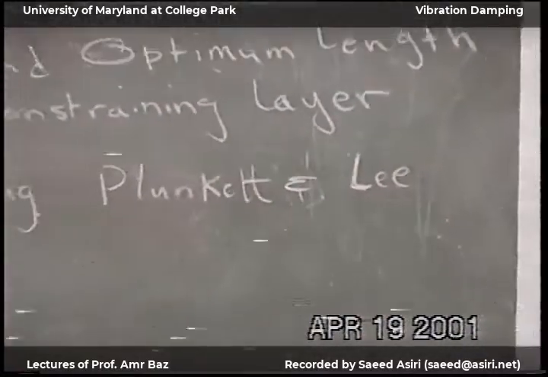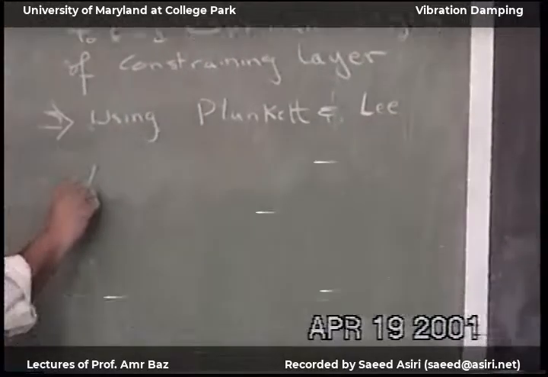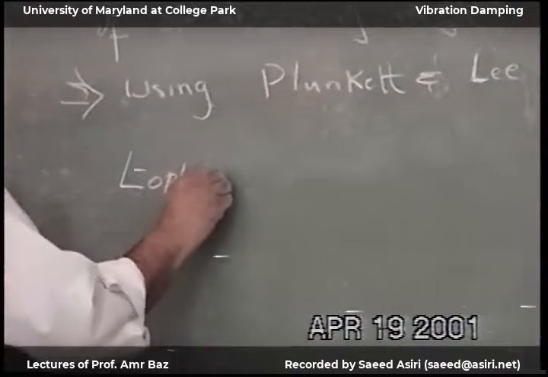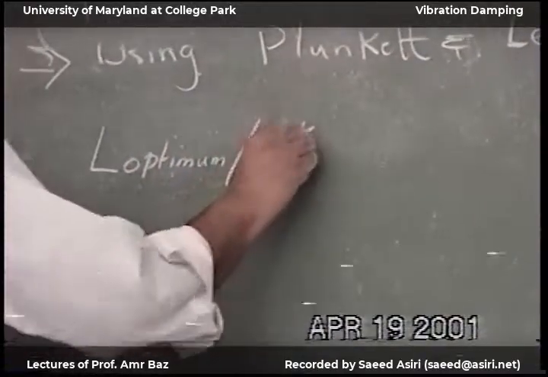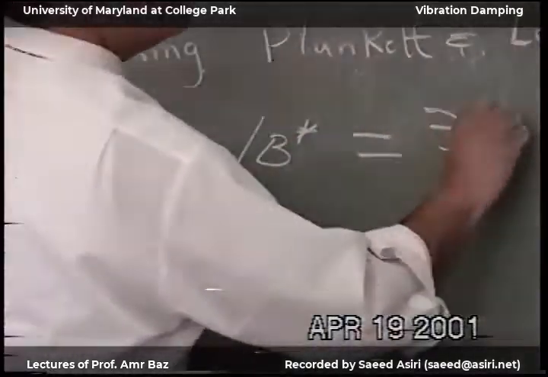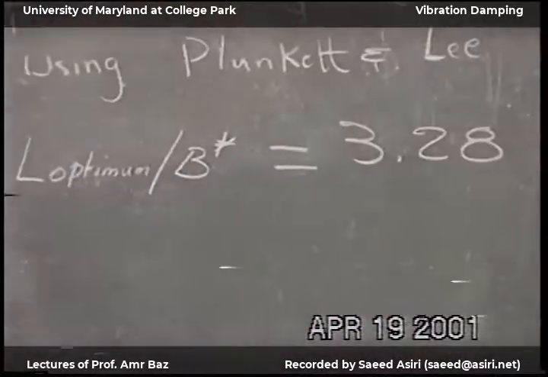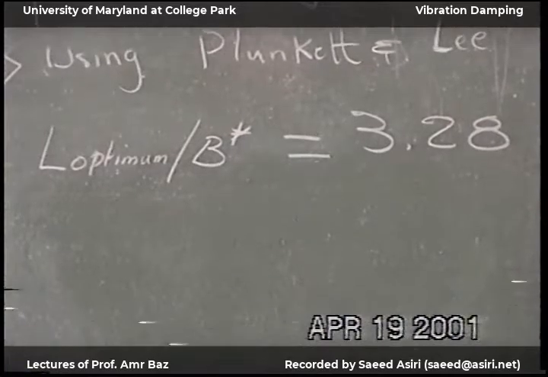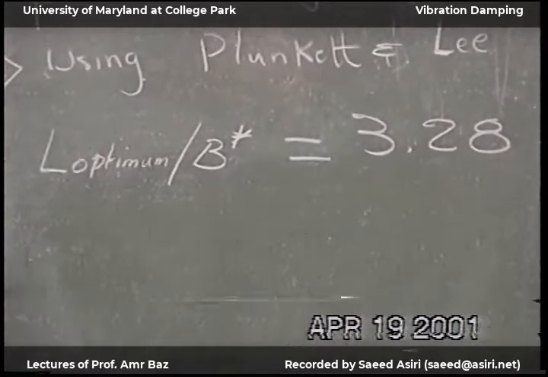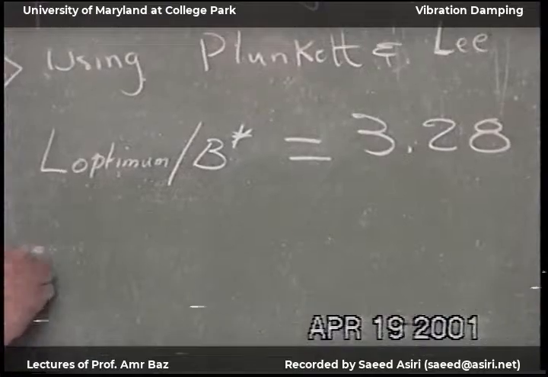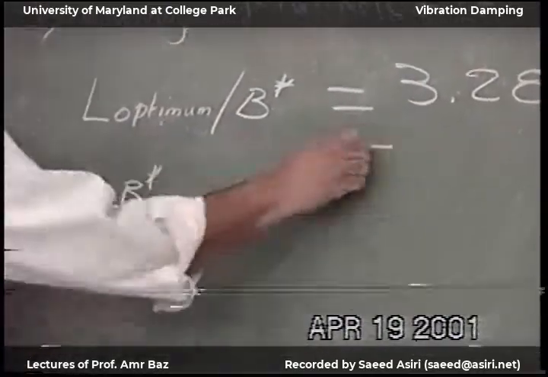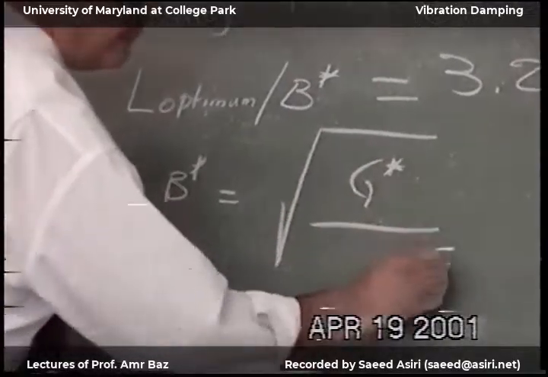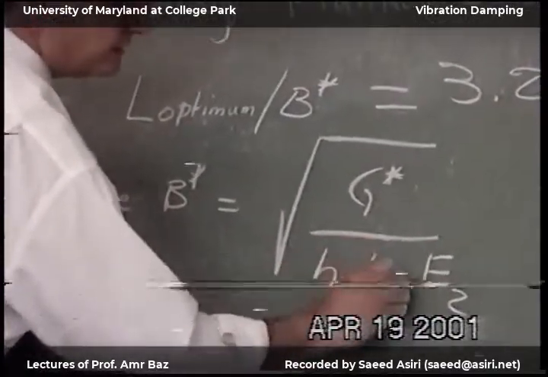And we found L optimum over beta prime is equal to 3.28, where the beta prime was the square root of G over E2, H1 and H2.